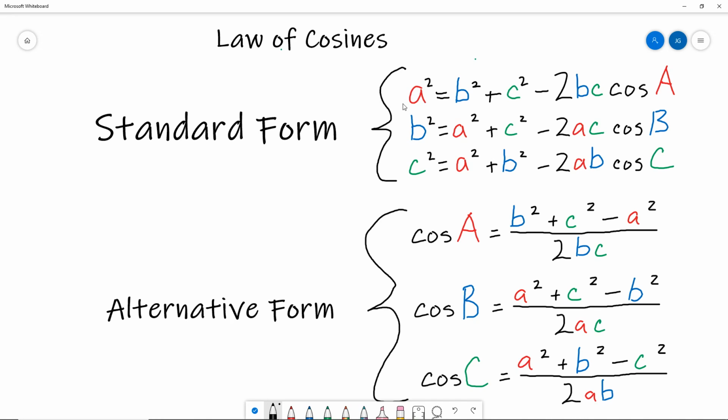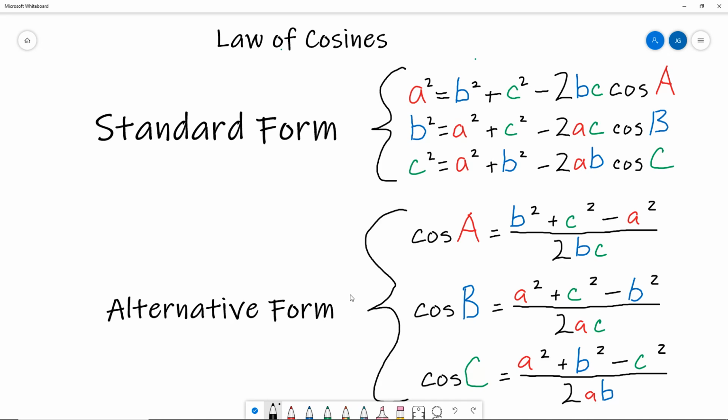So here in our standard form, all three of the top three formulas are essentially the same formula. It's just a question of where sides A, B, and C and the angle fall in them.